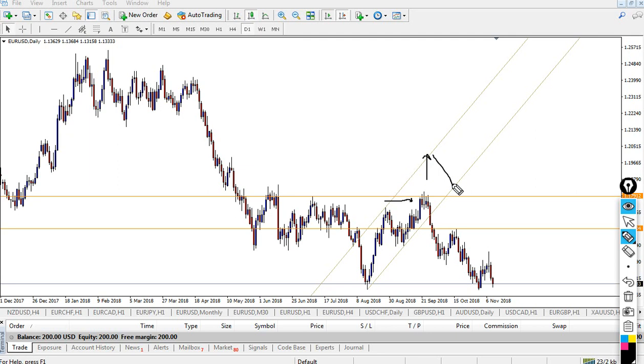Okay now, according to our resistance, something is going on here. You see these retracements. First of all, rule number one, you are in a bearish trend, so you need more power to break this area.